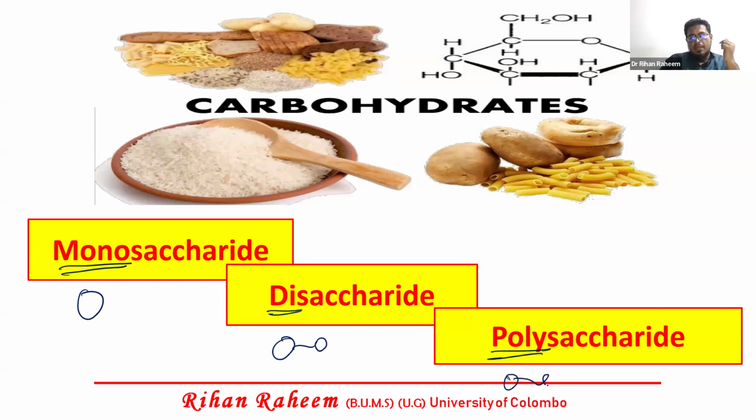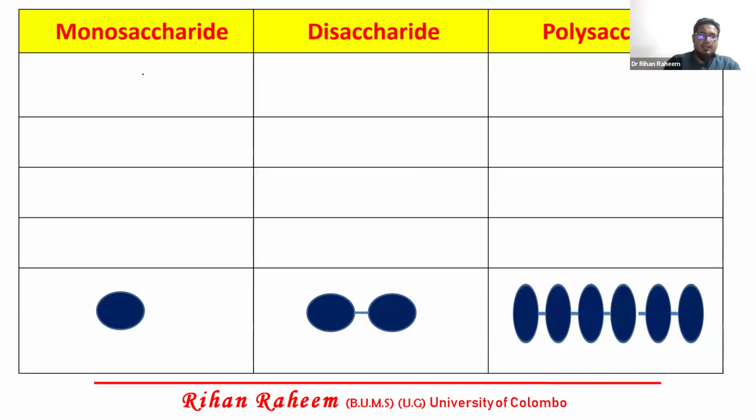Mono means 1, di means 2, poly means many. Are you clear? So we'll see monosaccharide. Monosaccharide is made out of one molecule. The formula is C6H12O6.